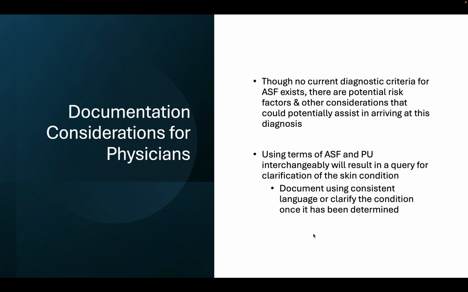Everyone should be on the same page. So if the physician writes acute skin failure, the wound care nurse should write acute skin failure, and the nurse doing the assessment should write acute skin failure. There should not be any deviation that mentions pressure ulcer. Otherwise, a query will have to be written for clarification.